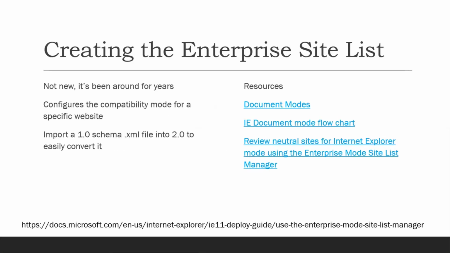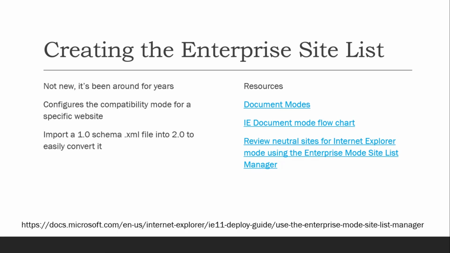So it's not new. It's been around for years, and it's that compatibility mode. There are some resources here that you can look for as you're trying to understand all of these different document modes and things like that that you may need. But it configures that compatibility mode for the specific website. And as you saw in my example, it doesn't have to be the entire website.